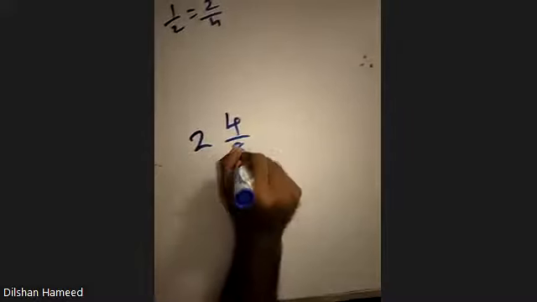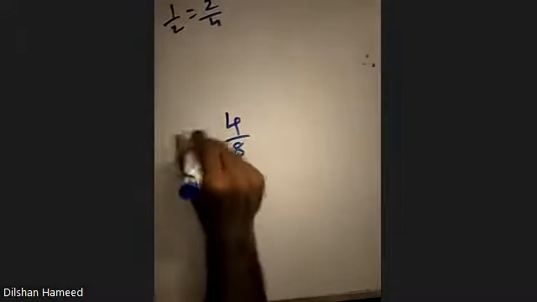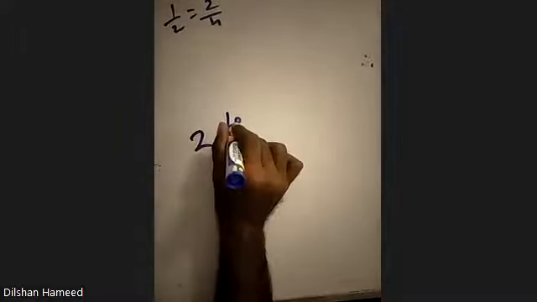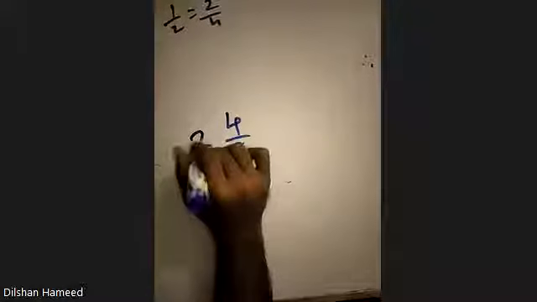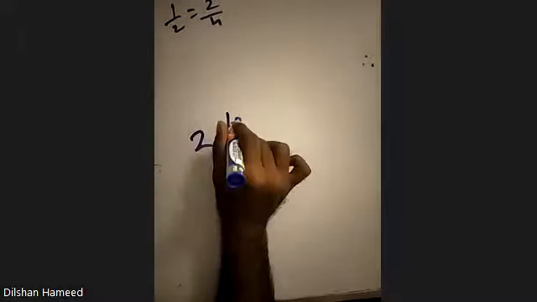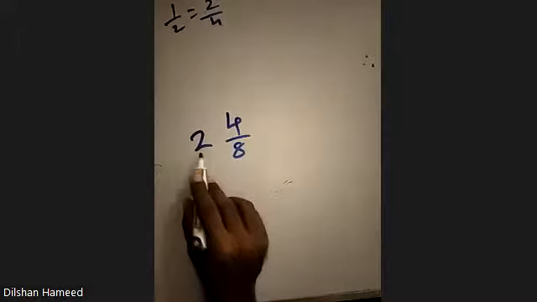First step is, the denominator you have to multiply with this number, and then the answer you have to add with the numerator. The denominator you have to multiply with this number, and the answer out of it you have to add with the 4. So 8 twos are how much? 8 twos are 16.